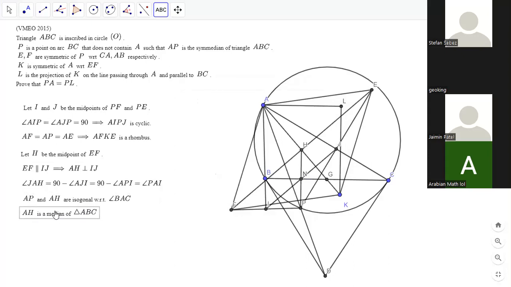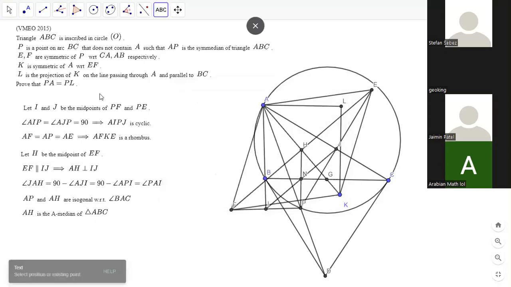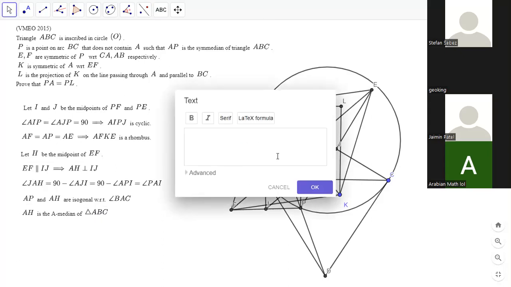And then from there, the reflection of P over BC lies on the A median. And then I'll use the well-known fact Stefan said: the reflection of P over BC lies on the A median. That's well known.